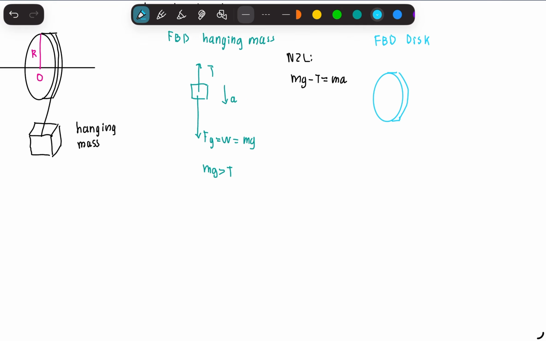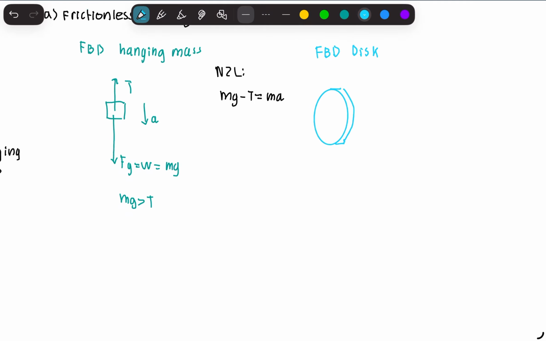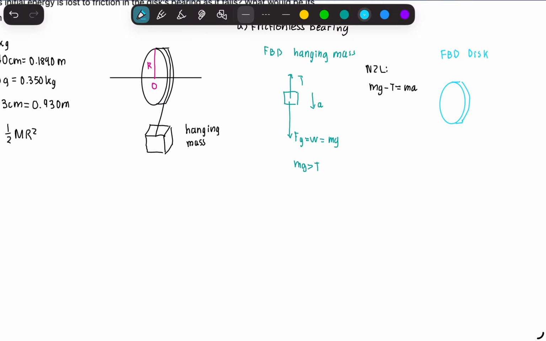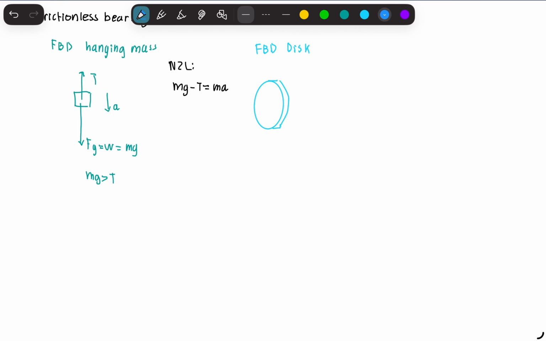So we know that for the disk, we have the tension that's going to cause the torque. The tension is going to wrap around the disk, and it's frictionless.